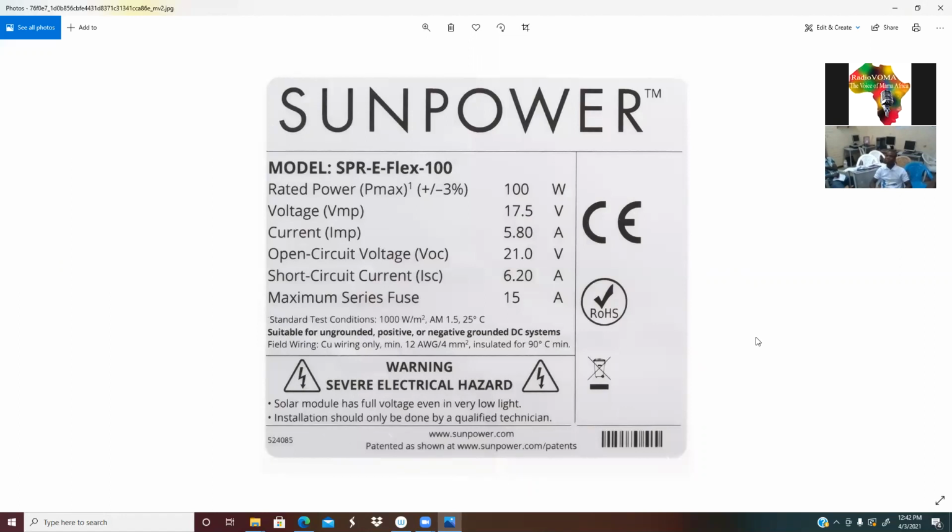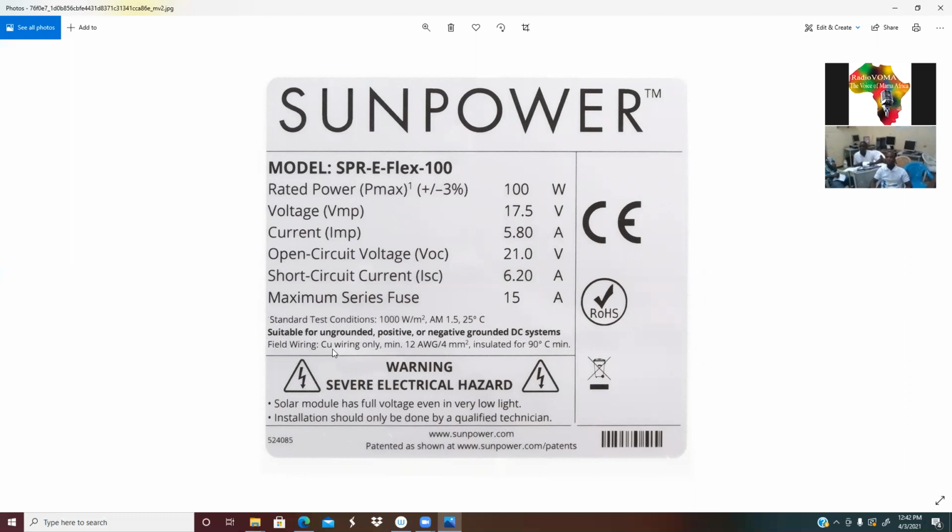The SunPower, 100 watts. Yesterday I showed you this nameplate for this 100 watt SunPower panel. When you look down here, they tell you the field wiring.